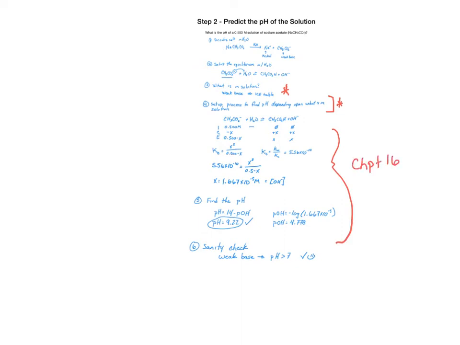This is chapter 16, and figuring out that this is a weak base is chapter 16. We are just putting it together in an application. So make sure to keep your head on straight and really be thinking about what is in solution and how do I find the pH of that.